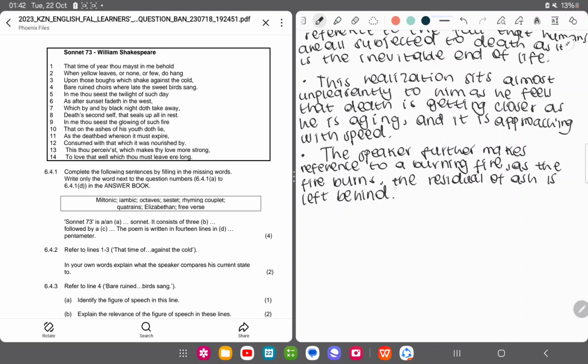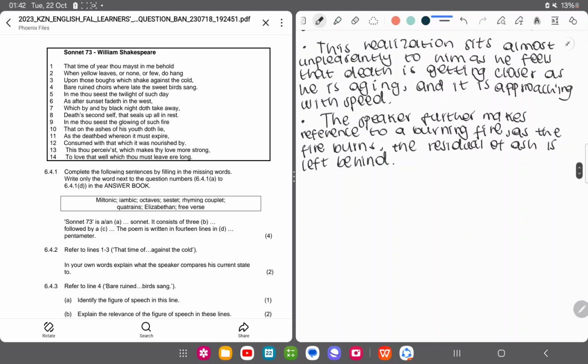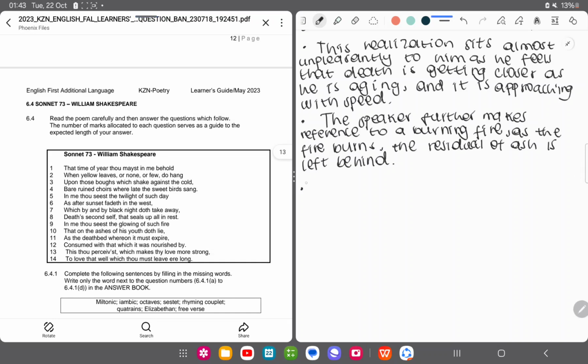So this just shows that death is nearing, and it indicates that after death, people are only left with memories, the ruins of the person and stuff, right?